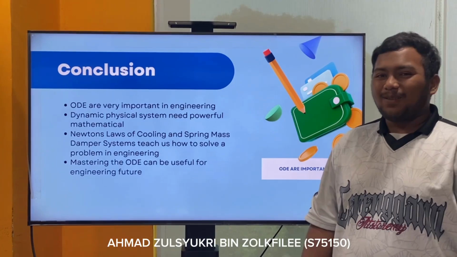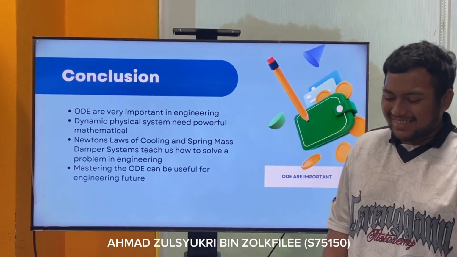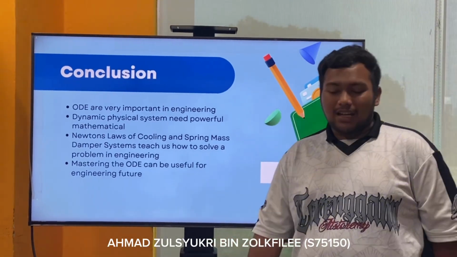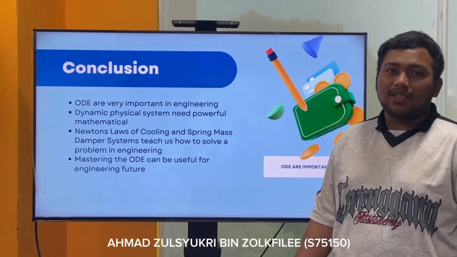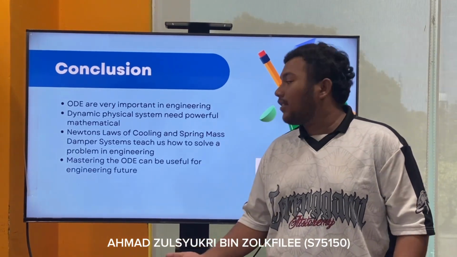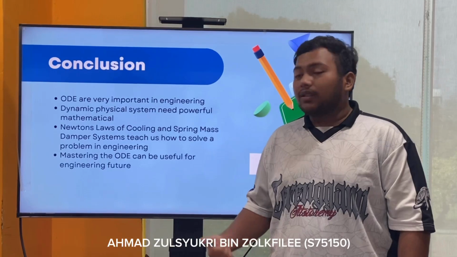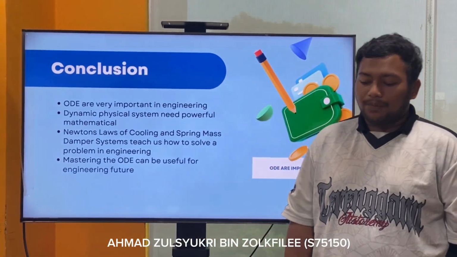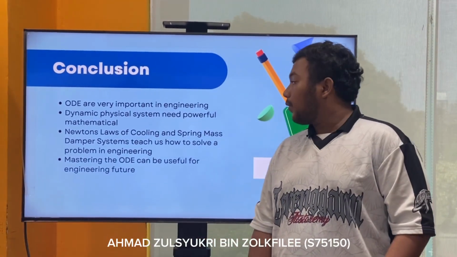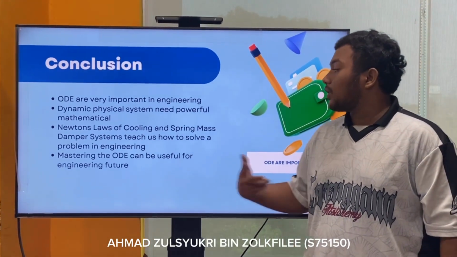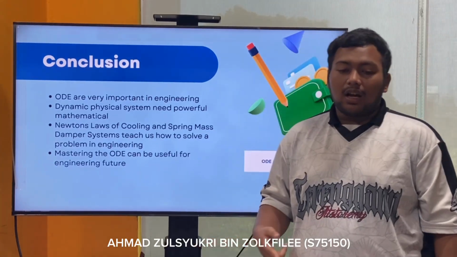Okay, so we're back again with me. For the conclusion, we know that ODEs are very important in engineering because dynamic physical systems need a powerful mathematical tool to describe them. Newton's law of cooling and the spring mass damper system teach us how to solve engineering problems.